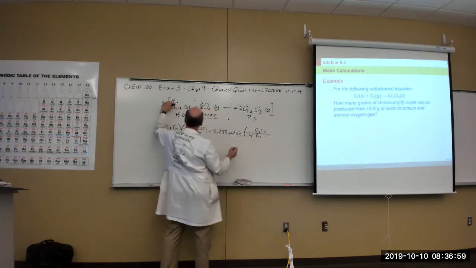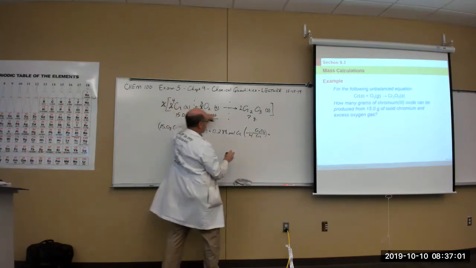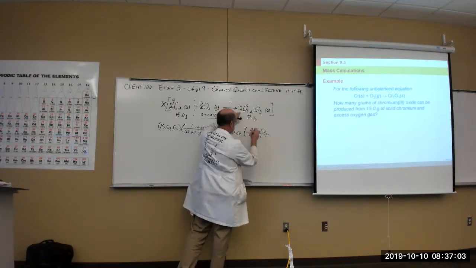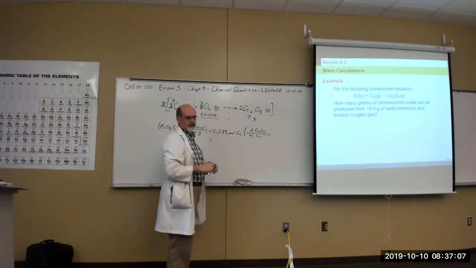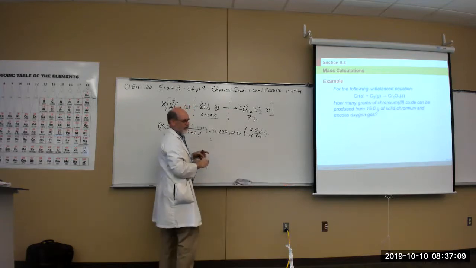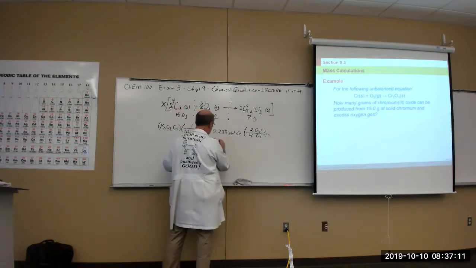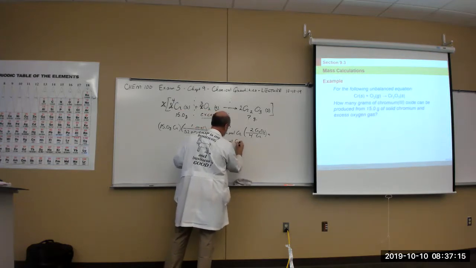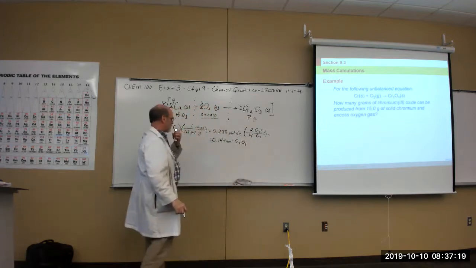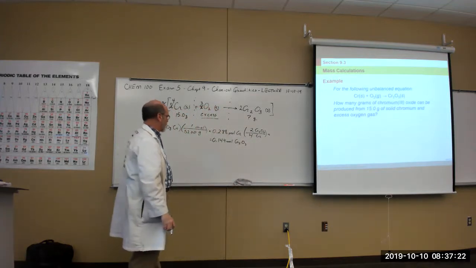After we balanced it, there's a 4 here, and there's a 2 here. Right? So we just need half of that, right? 2/4 is still a half, in spite of new math. 0.144 moles of chromium-3 oxide. Is it chromium? Yeah, it's chromium 3.